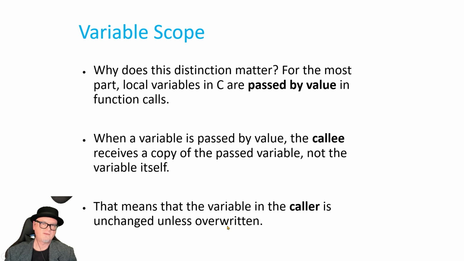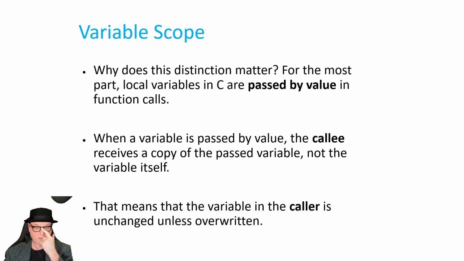Now, why does the distinction between global and local matter? Well, for the most part, we use these local variables when they're passed in a function call, and when a variable is passed in a function call, the callee, if you will, receives a copy of the passed variable, but not actually the variable itself.